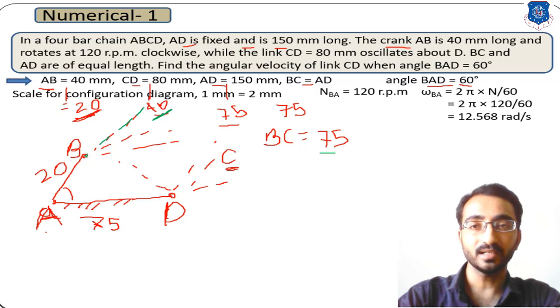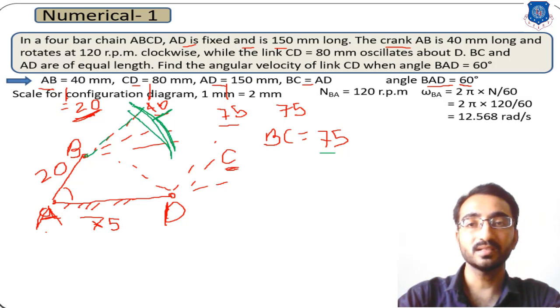If you consider BC of length 75 mm, you sketch an arc of 75 mm radius, and point C can belong to any point on it. Similarly, you draw an arc for line CD of length 40 mm.